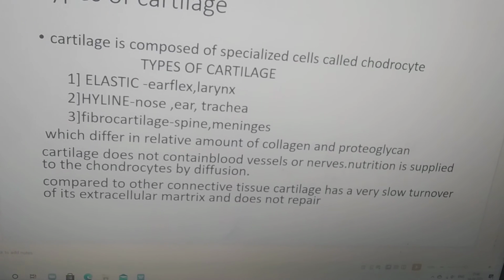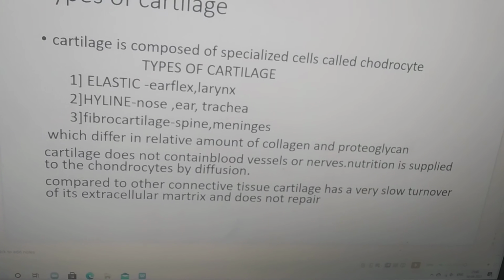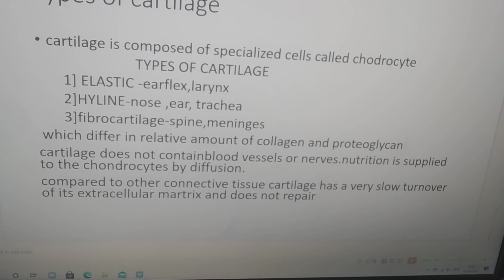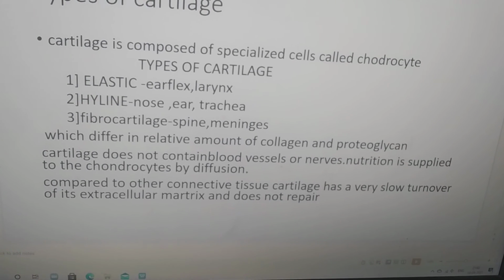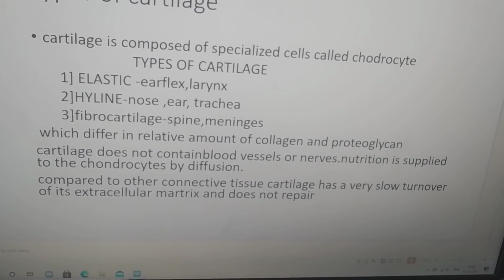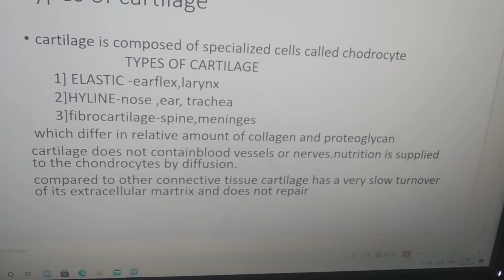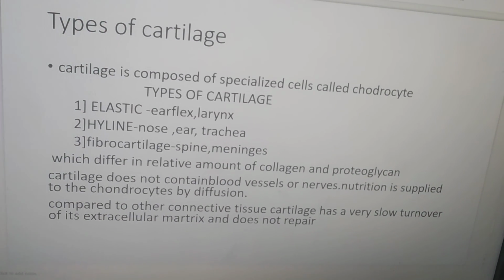Elastic cartilage is present in the ear flex and larynx; hyaline cartilage in the nose, ear and trachea; and fibrocartilage in the spine and meninges. Cartilage does not contain blood vessels or nerves, and nutrition is supplied to chondrocytes by diffusion. These are all about the cartilage.